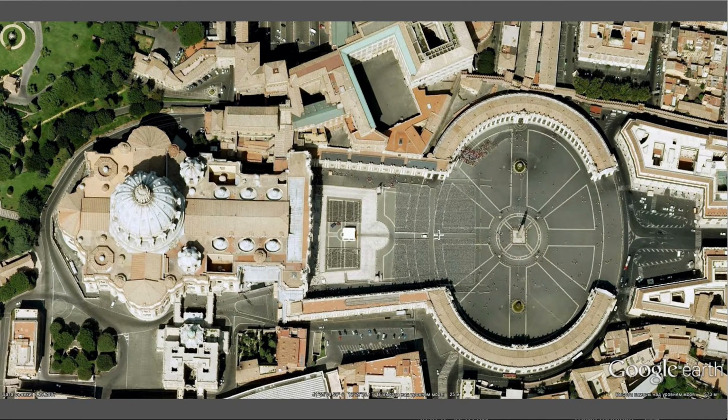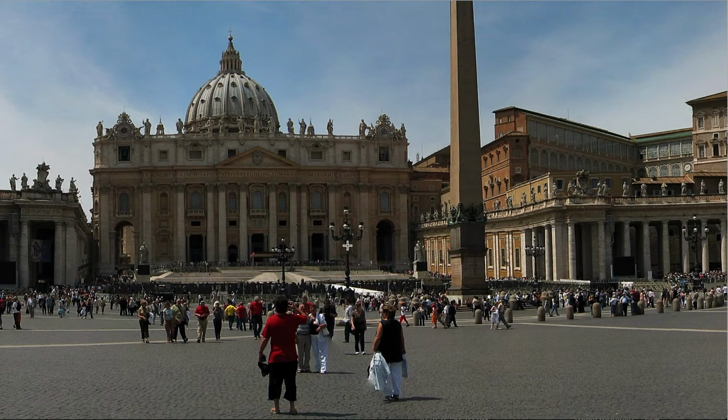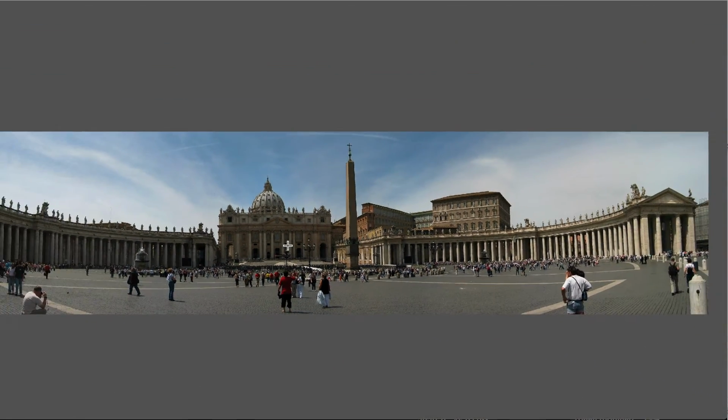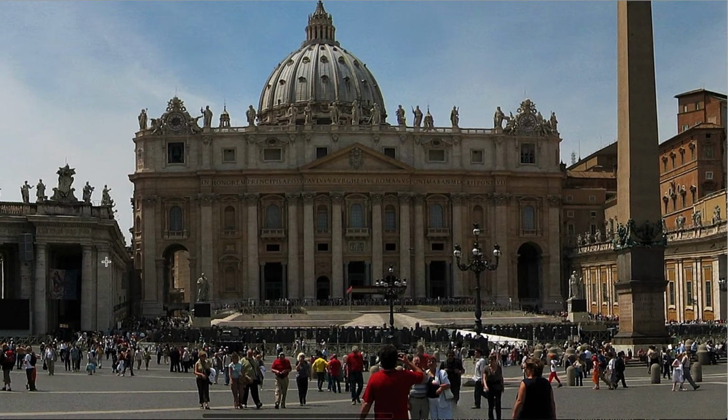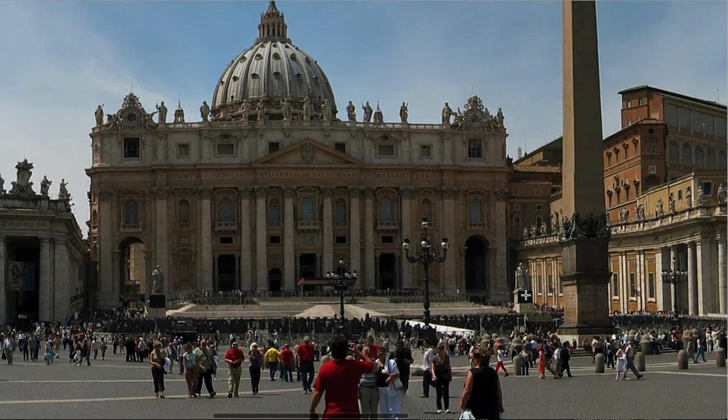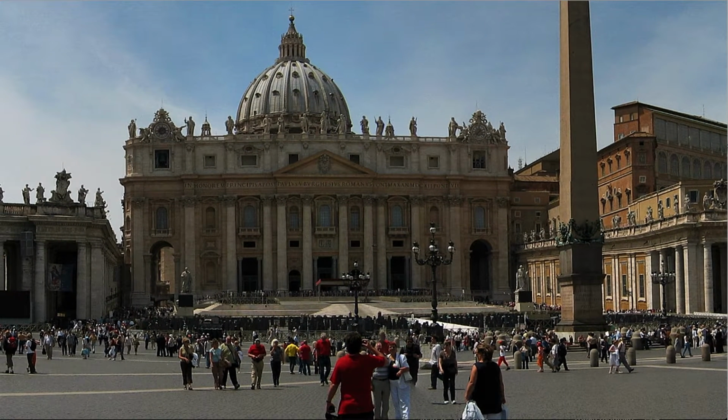So if you're standing here and looking at the church, like this is the square, and if you come up here, you don't see that those two sides are splayed. They look like they'd be parallel. You assume that they're parallel, and when you stand here and look, that splaying of the actual plan of this thing causes it to make the building appear larger than it really is. That's one effect.